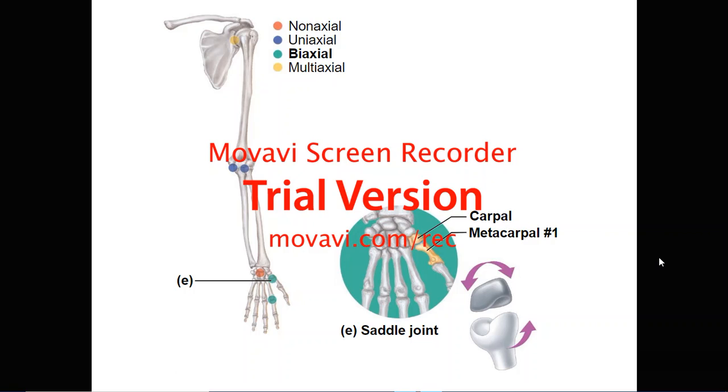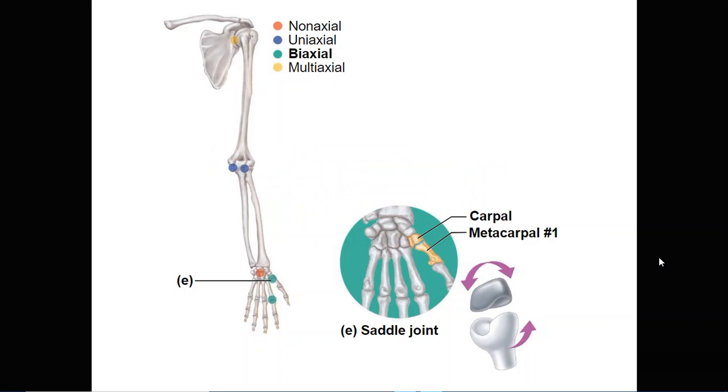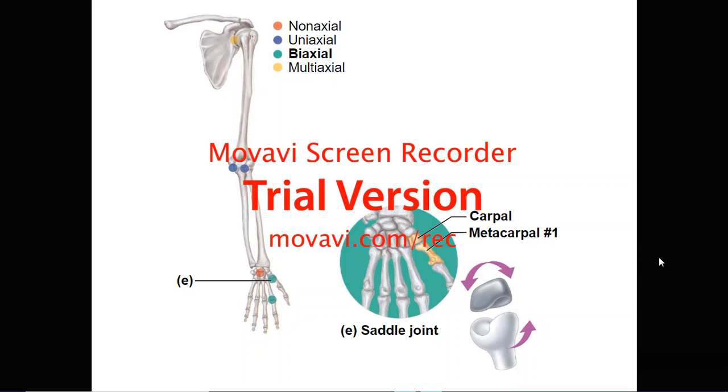And on the last slide, I said sideways movement. I should have used the scientific terms and should have said adduction and abduction. And we're going to talk more about what those mean. But the two movements for this saddle joint are flexion and extension, and adduction and abduction.